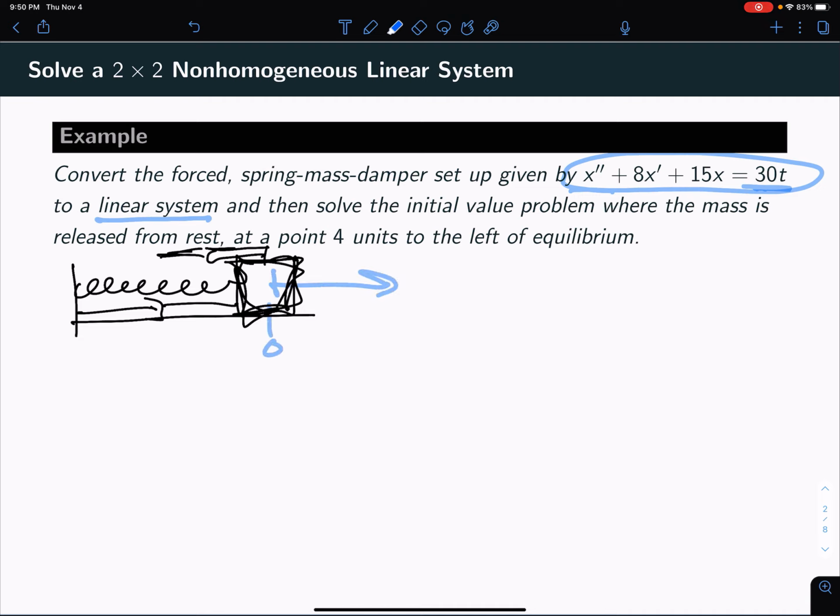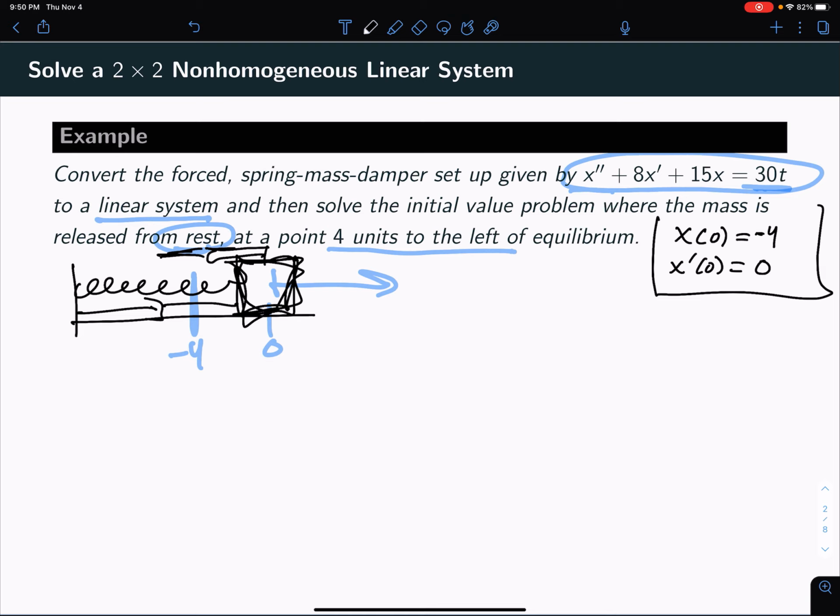Although if that was equilibrium, it sounds like they started it at position 4 units to the left of equilibrium from rest, which to me sounds like an initial condition x of 0 is -4, but the velocity was 0 because they released it from rest. So it's almost like an initial value problem here.